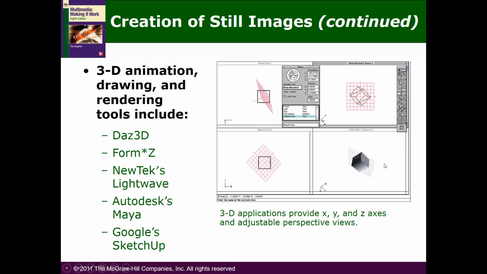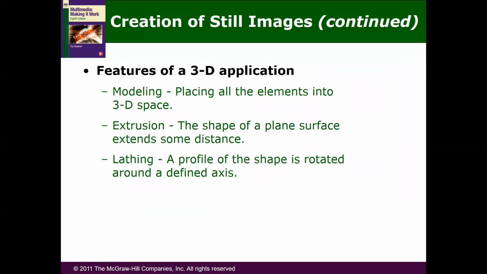So that's how it is. Now, the image shown here at the bottom shows an example of lathing, and what you see on this side is an example of extrusion. What lathing and extrusion are, we will be looking at in the next few slides.